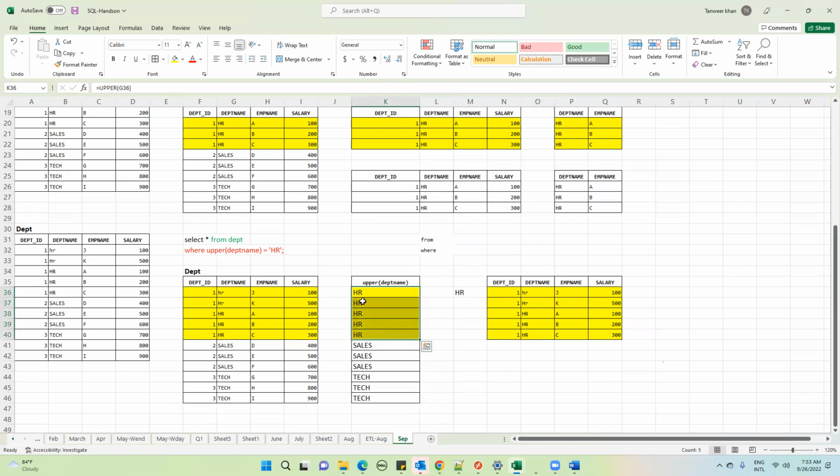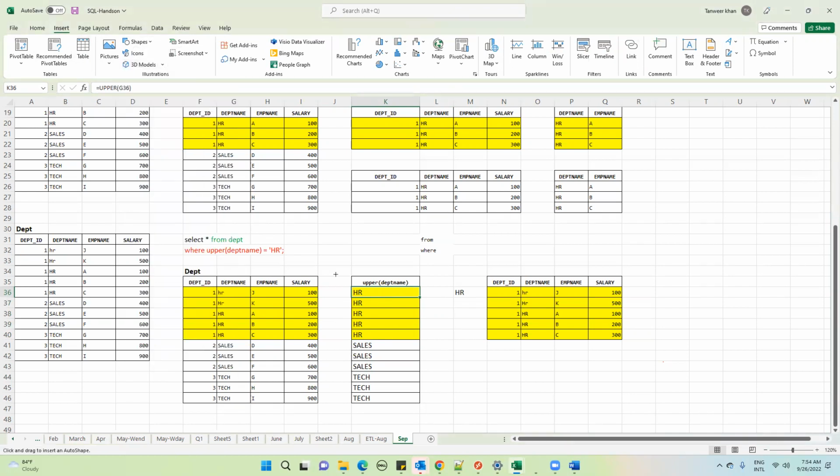The corresponding data to this is this one, so it will pick from this, not from this. And here you have lowercase HR, so that is why it will display lowercase HR. We converted so that this can be checked, mapped with this HR, and then the corresponding data is picked from here.